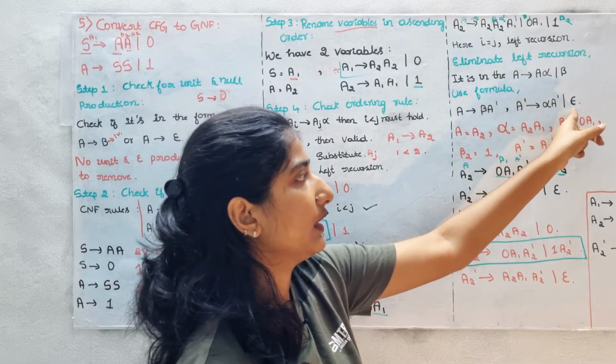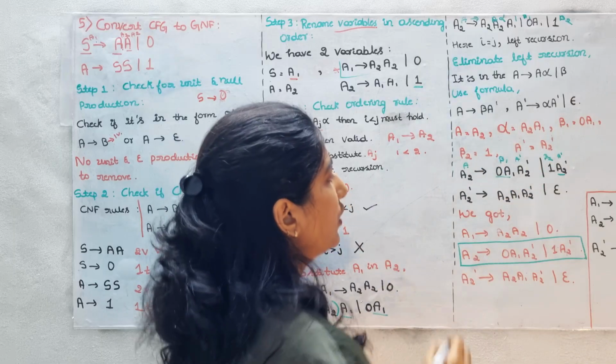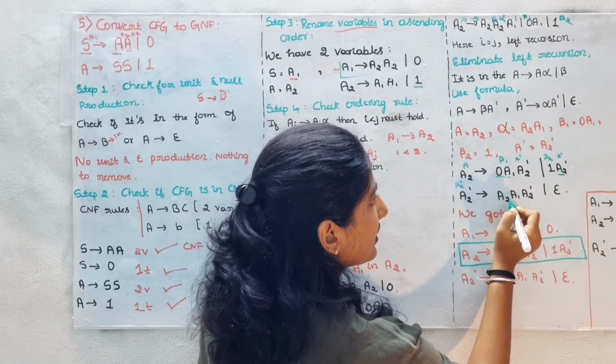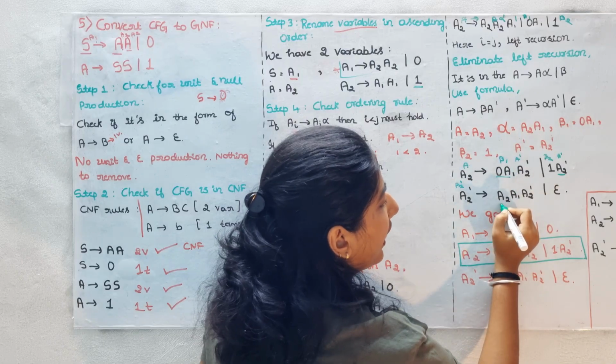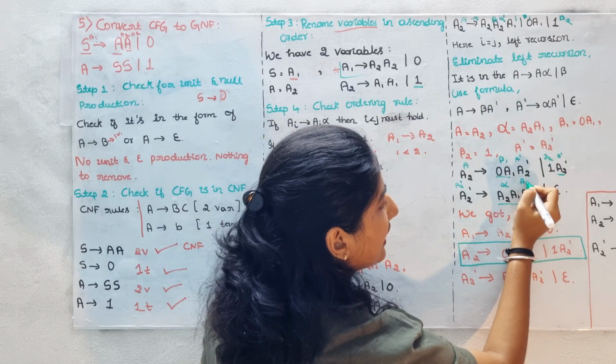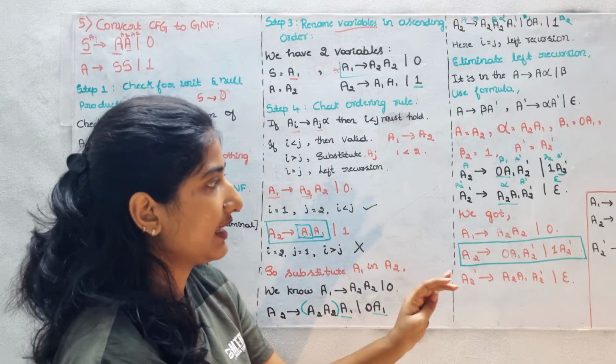Again we have another formula, that is A dash derives alpha A dash or epsilon. So A dash means A2 dash derives, what is the value of alpha? Alpha means A2 A1 and then A dash means A2 dash or epsilon. So converting is done.